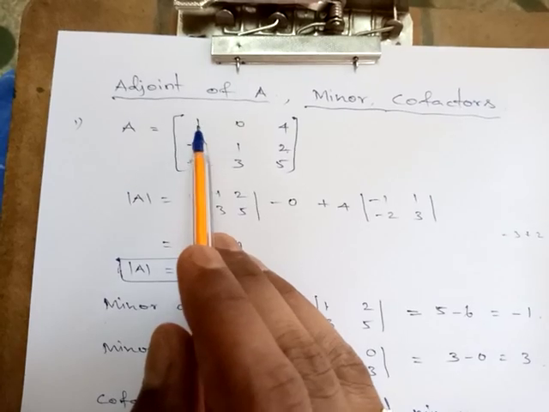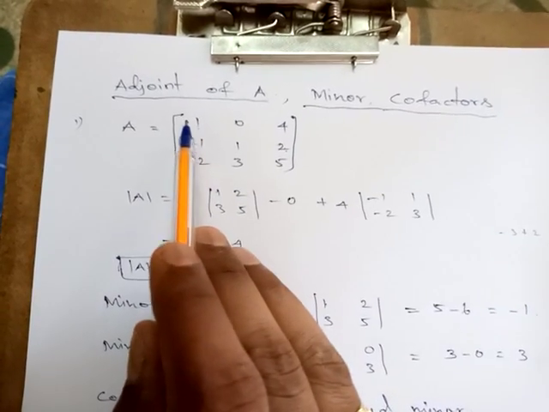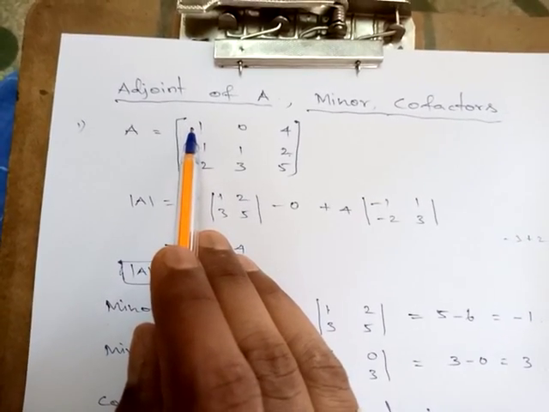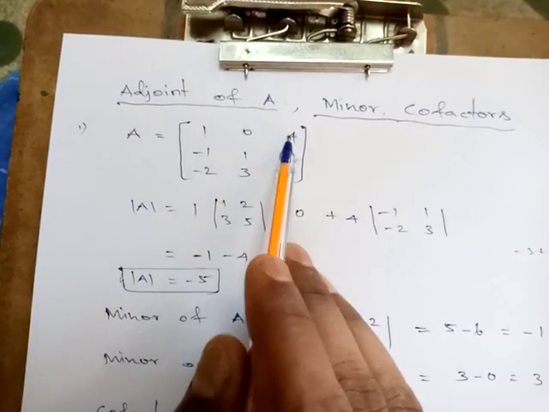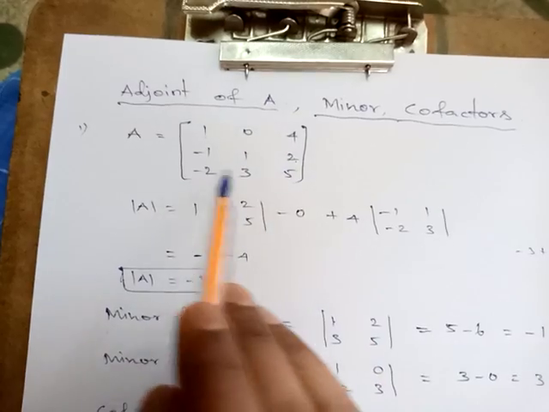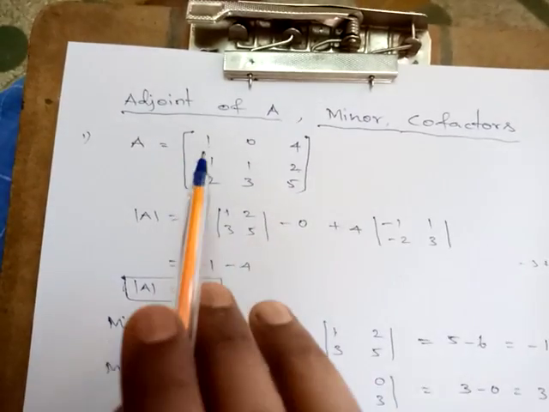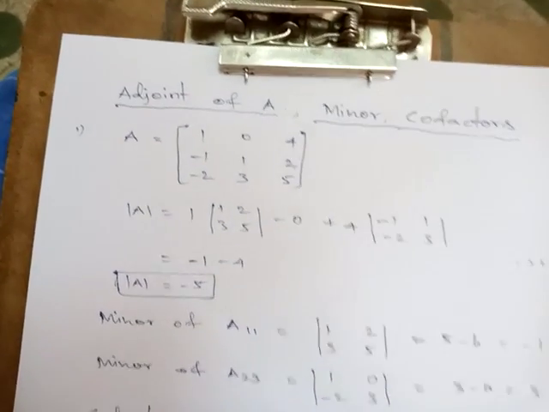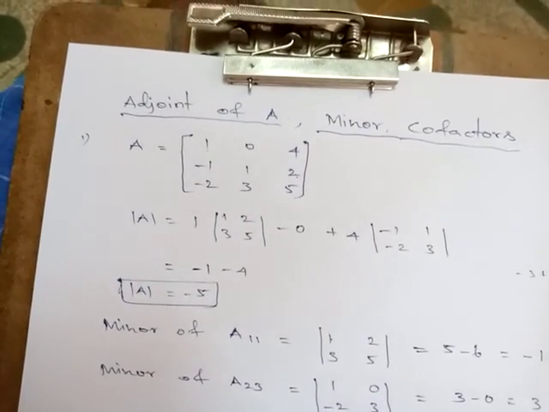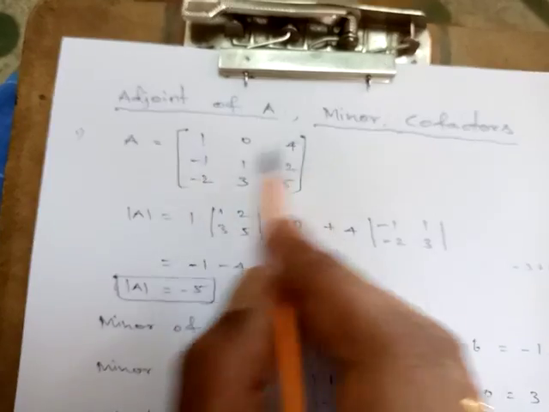What is the sign of this place? This place sign is plus. Then minus, plus, minus, plus, minus, plus, minus, plus. So include the sign, that's all. What is the sign of this place? Plus, correct?